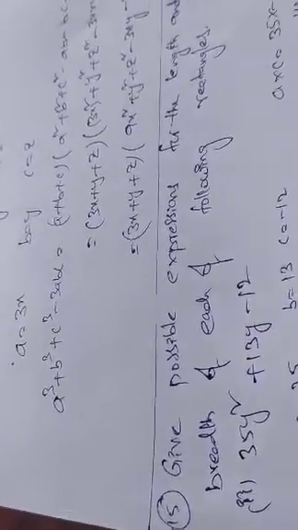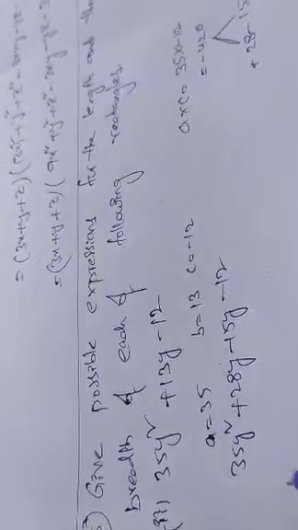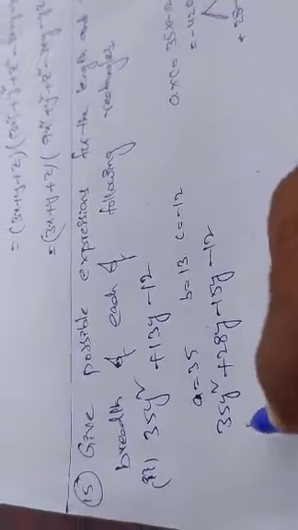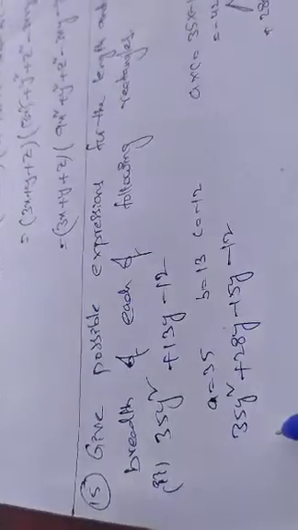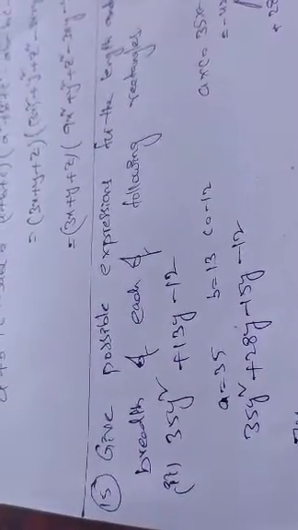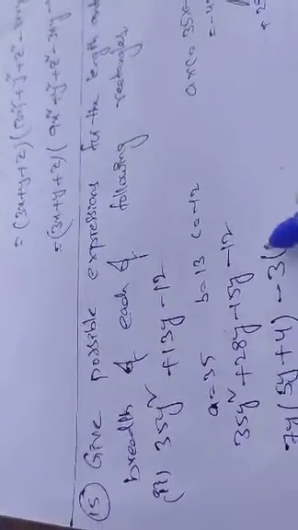So we can write this as 35y square plus 28y minus 15y minus 12. So in these two we can take 7y common. Left terms are 5y plus 4. In this we can take 3 common, 5y plus 4.